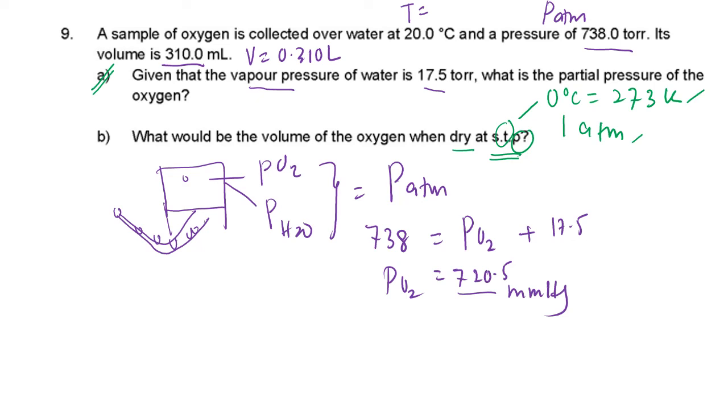The condition that we get from the question, we can label as T1, the partial pressure of oxygen is P1, and the volume is V1. The number of moles is the same, therefore we can use the combined gas law: P1 V1 over T1 equals P2 V2 over T2.